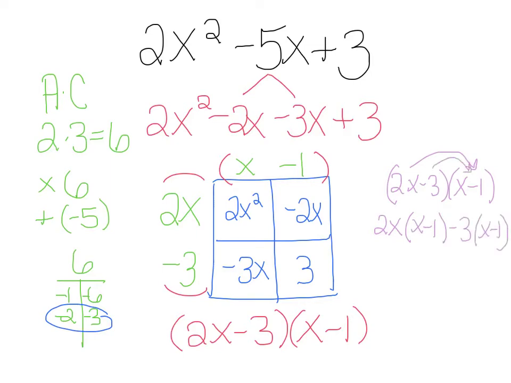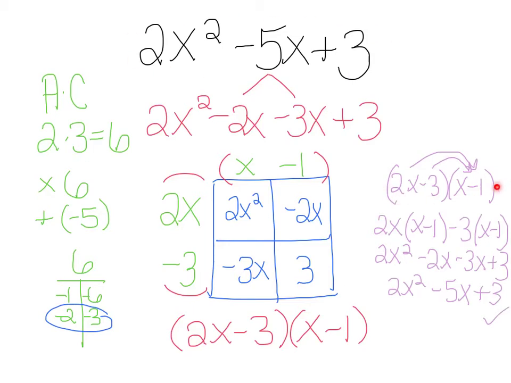So I'm taking each term of my first binomial and multiplying it by the second binomial. 2x times x is 2x squared. 2x times negative 1 is negative 2x. Negative 3 times x is negative 3x, and negative 3 times negative 1 is positive 3. 2x squared, and then we've got negative 2x minus 3x, which is negative 5x, plus 3. And that is matching to our trinomial up at the top that we started with.